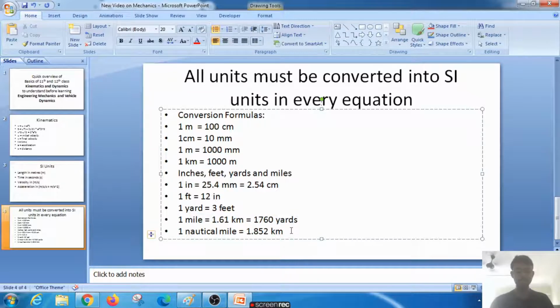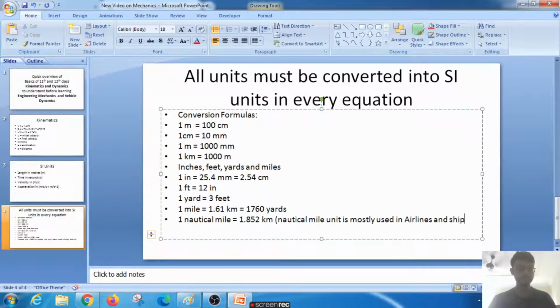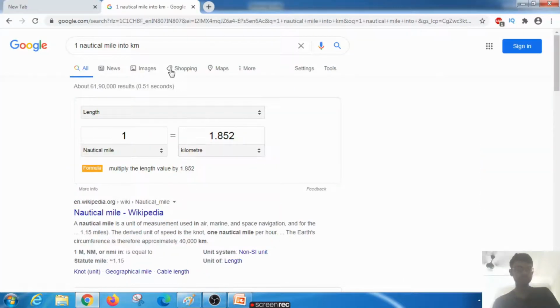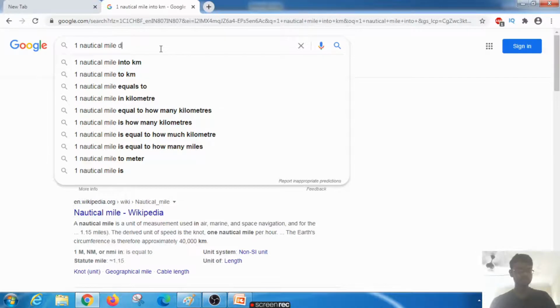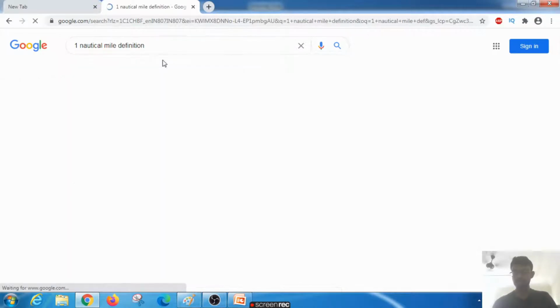So generally the nautical mile unit is mostly used in airlines and shipping industries, right? So what is meant by the nautical mile definition?